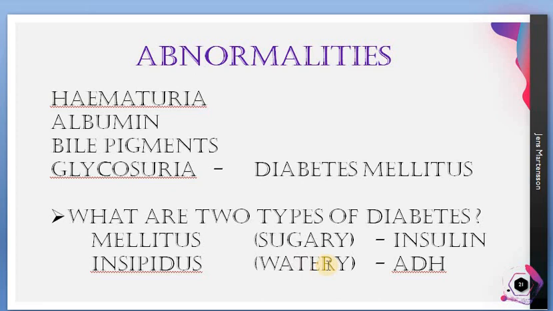In differentiate-between questions, you can expect this. They can ask you the hormone that is responsible, or they can ask you in true or false, or in correct the statement. So both of these diabetes are due to the insufficient secretion of hormones. Mellitus is sugar.